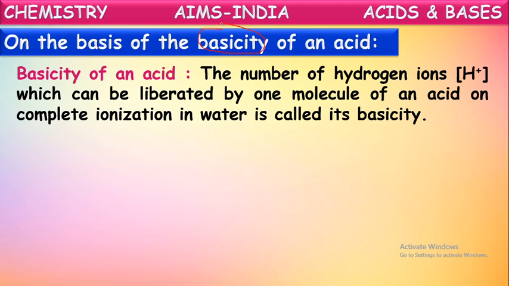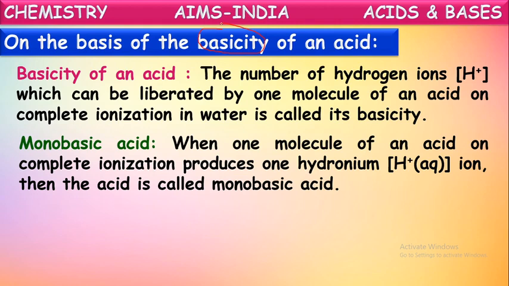So, based upon this number of H+ ions produced from one molecule of that acid, it is said to be its basicity. The basicity of hydrogen chloride is 1, because one molecule of hydrogen chloride gives 1 H+ ion. Okay, that is called basicity. The number of H+ ions furnished or liberated from one molecule of an acid.